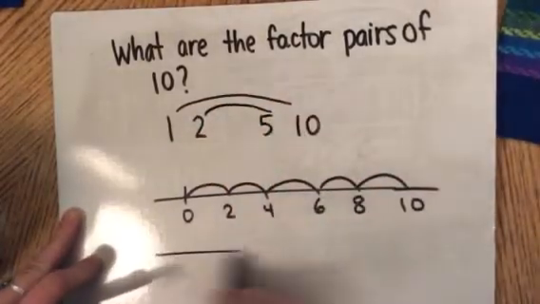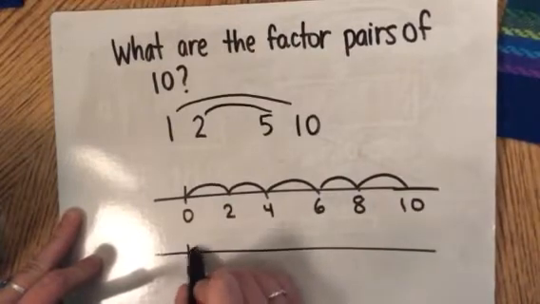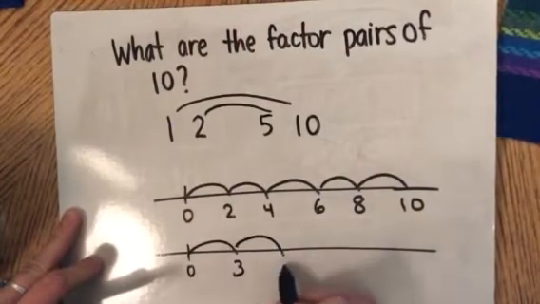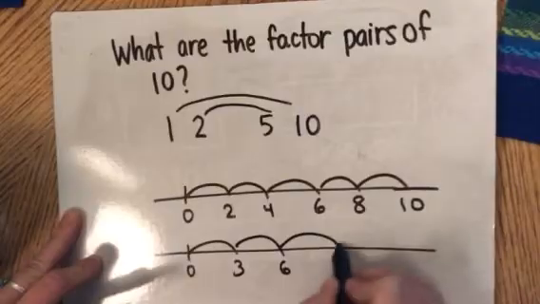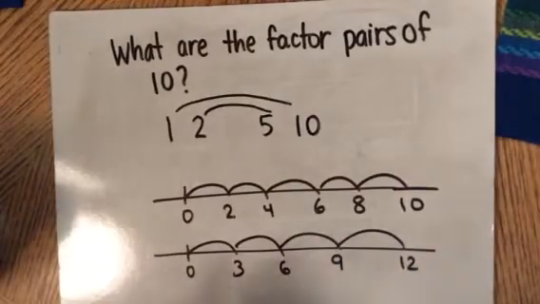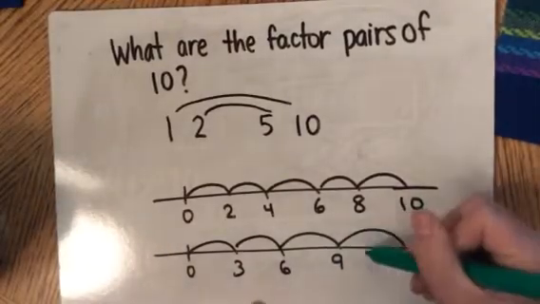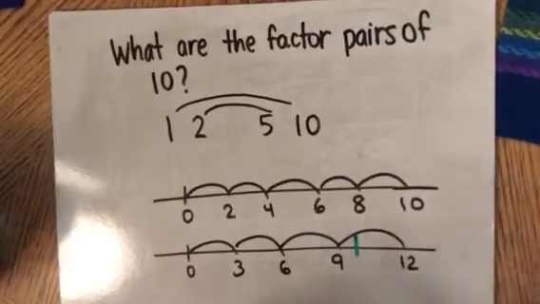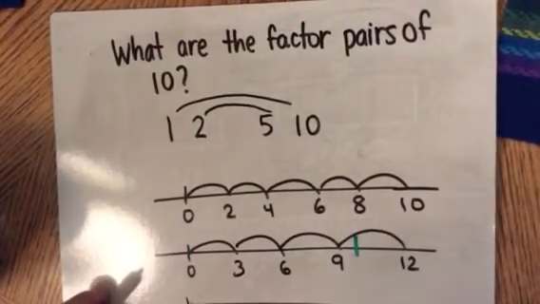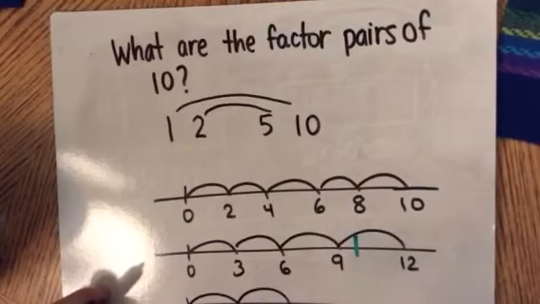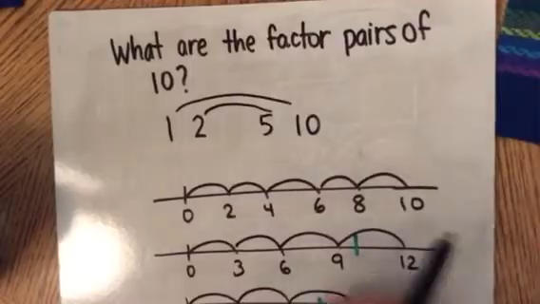All right, can I do 3 and get to 10? 0, 3, 6, 9, 12. Uh-oh. So our 10 is right here. I can't multiply, so 3 doesn't work. 4, can I multiply anything by 4? 4, 8, 12, nope, because my 10 is right here.